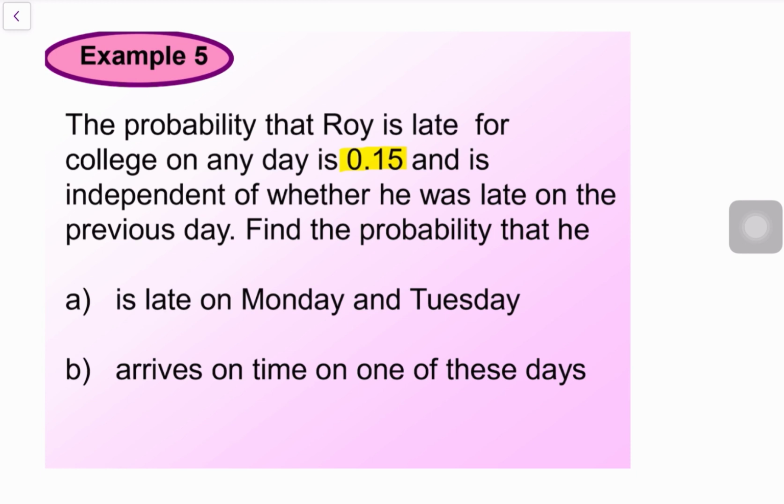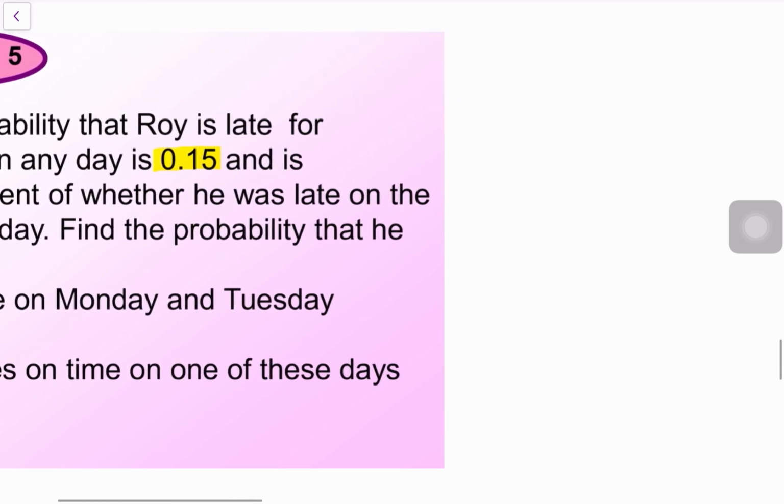These are the two possible outcomes from these events, whether he is late or on time. So in order to illustrate this information, we are going to use a tree diagram.